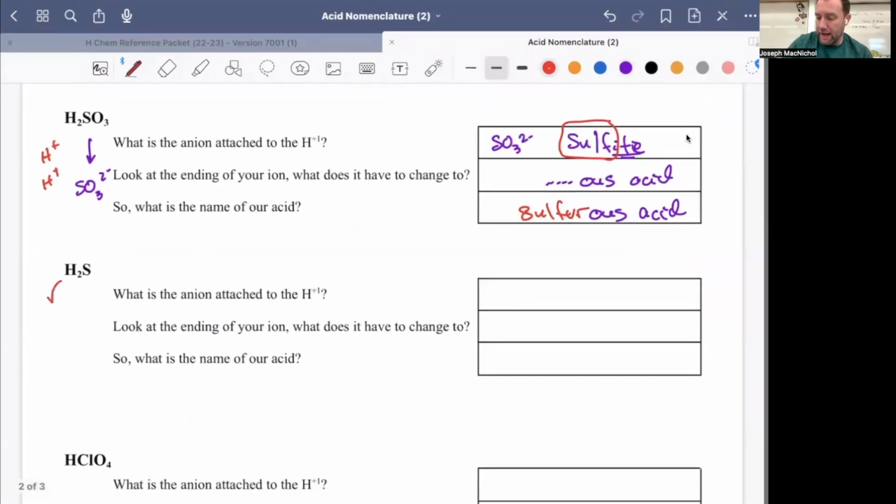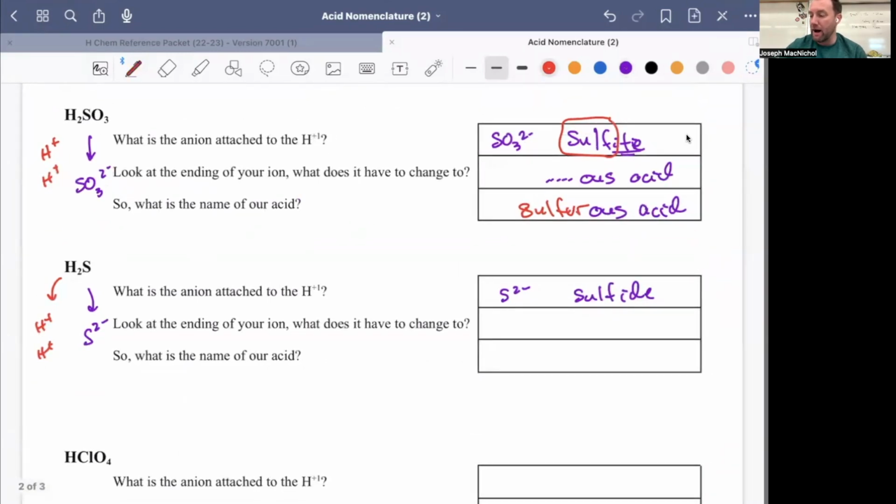What do we have here? Well, we have another H plus, and two H pluses are going to be released when it's an acid. And then we're going to have this S2 minus ion, which is the sulfide ion. What does ide become? Ide is going to follow the pattern of hydro, whatever we're talking about, ic acid.